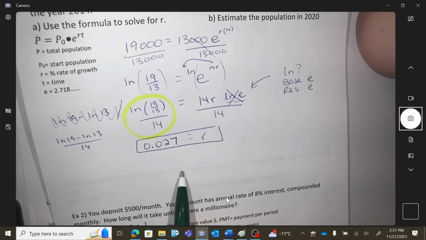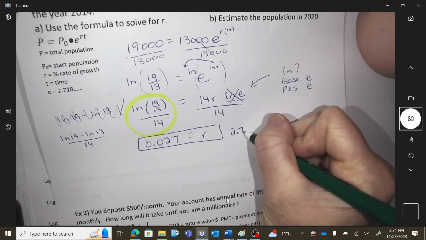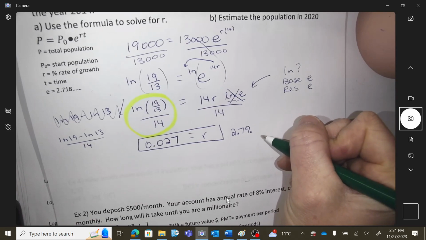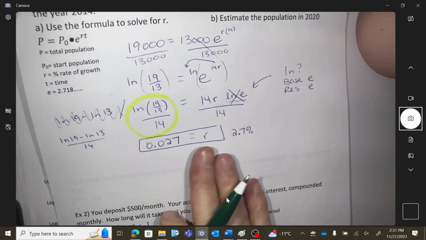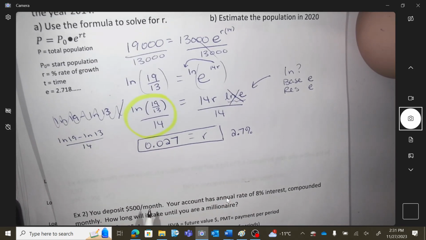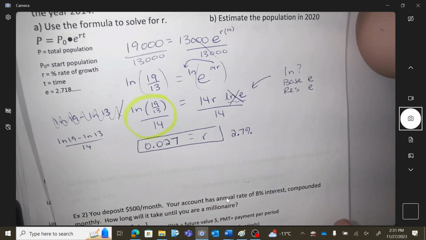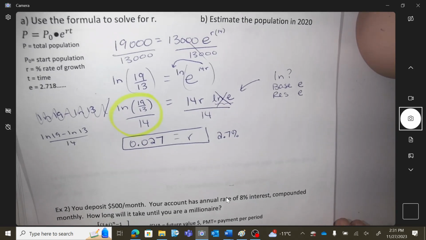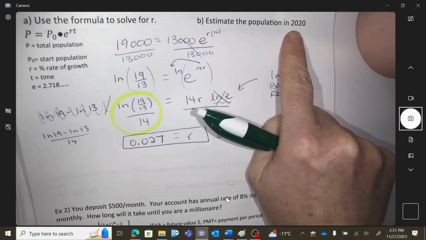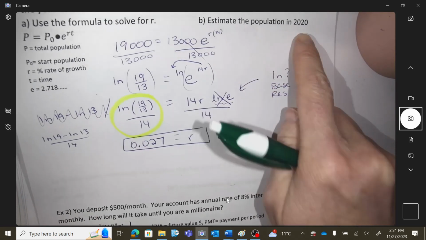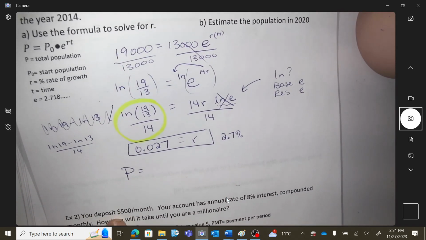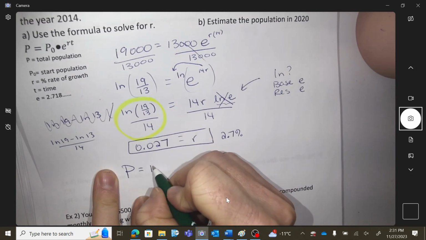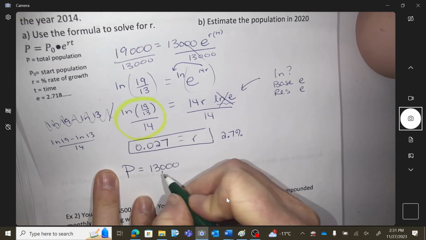If you answer me as a percent, that is fine as well, but you can just leave it as a decimal. So that's the same thing, but you can just go with the decimal. Okay, part B, I'm going to estimate the population in 2020. So what is the population? We started at 13,000 people.